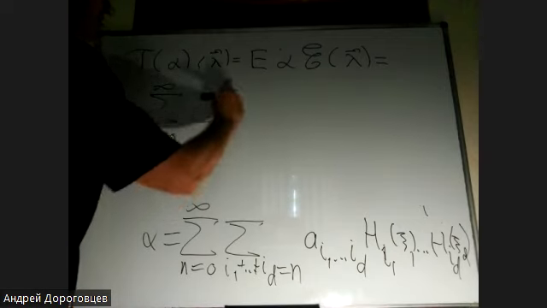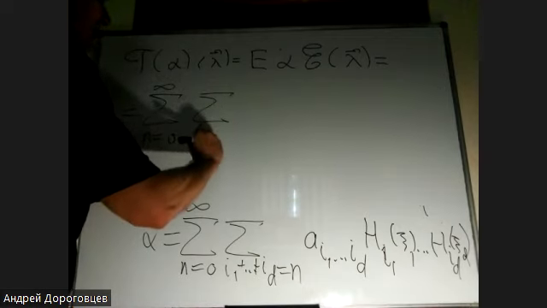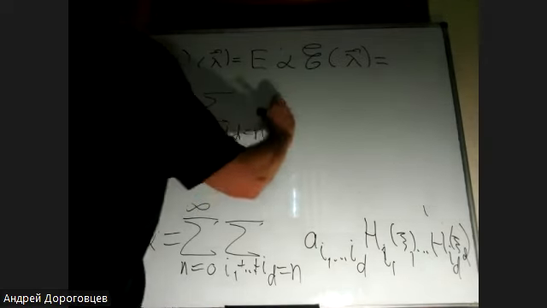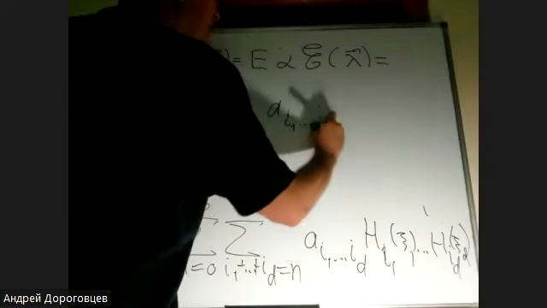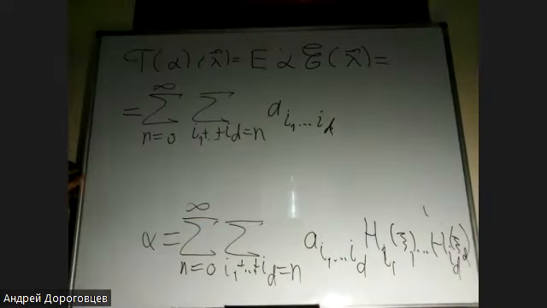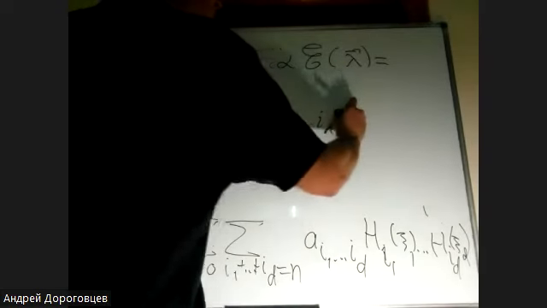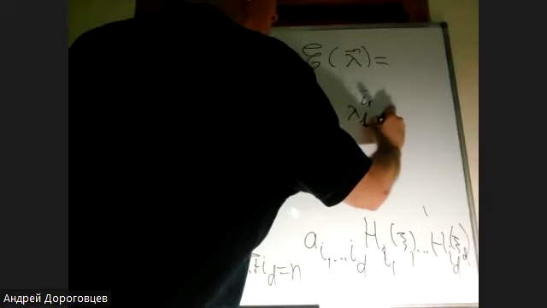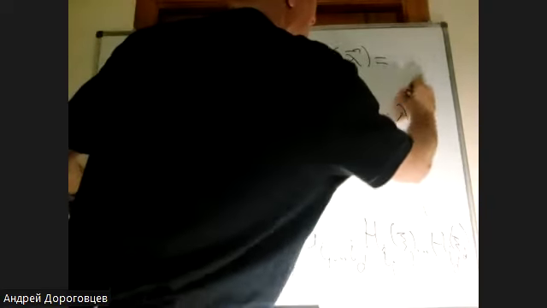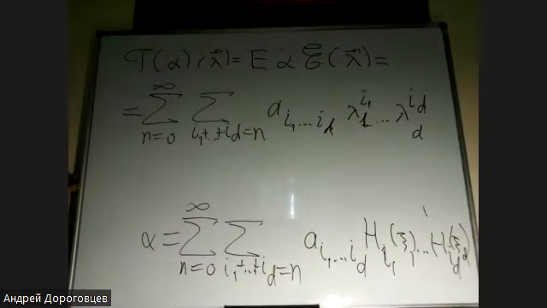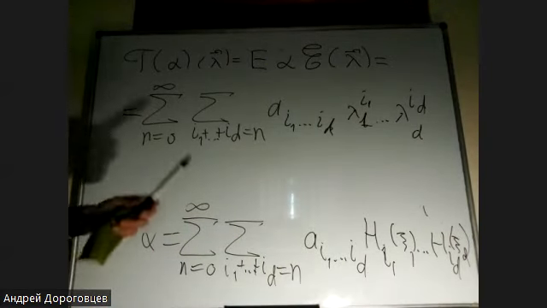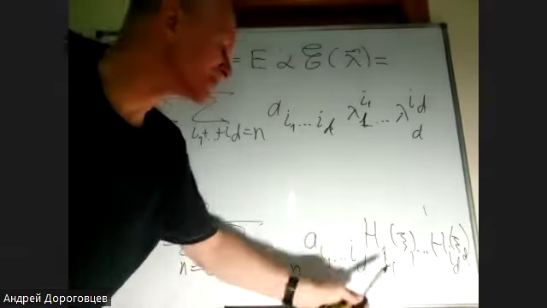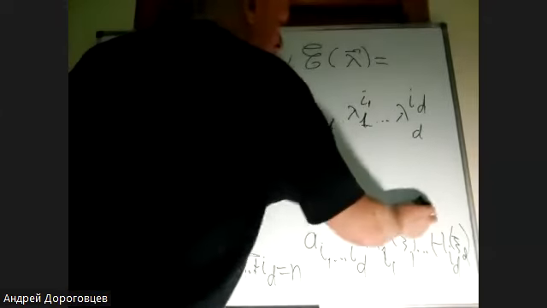Here is the sum from E1 plus ED equal to n, and here is AE1 ED, and here is lambda 1 E1 power lambda d ED power. This is due to the property of Hermite polynomials that we remember that norm of Hermite polynomial, for example, HE1 is equal to E1 factorial. So it will be constant.